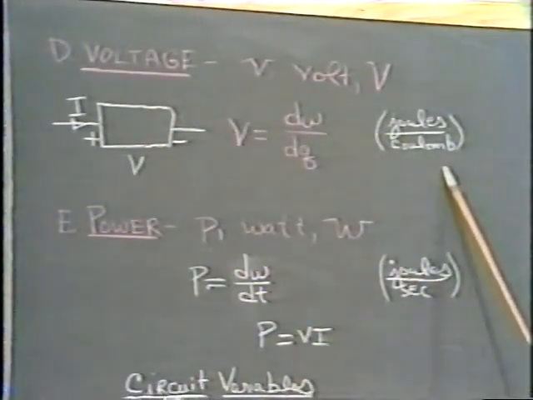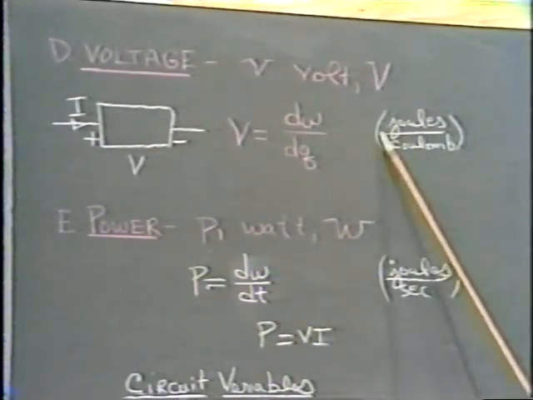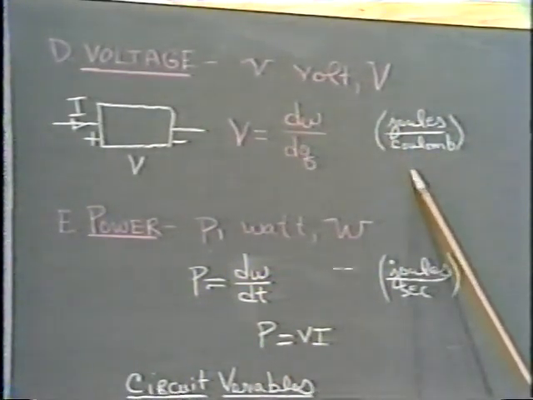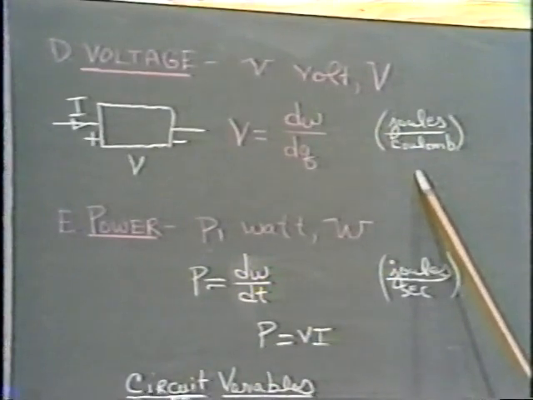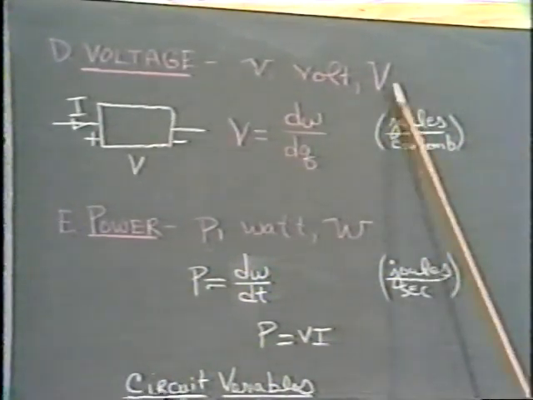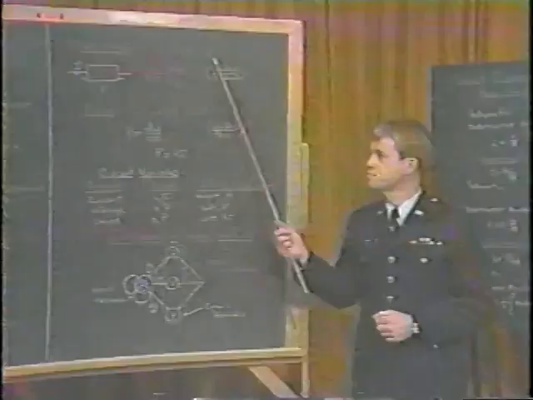And we measure voltage in units of volts. And it's equivalent, you see, to joules per coulomb. And we'll be using the symbol V for voltage.